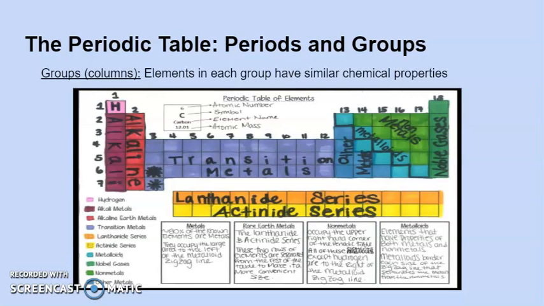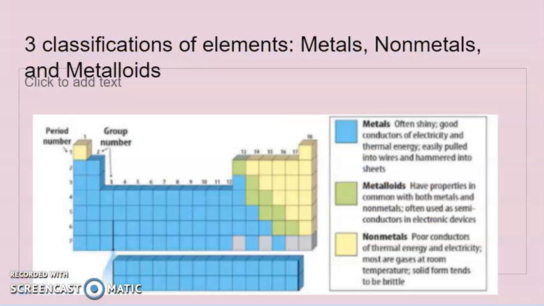Now, the three main classifications of elements that we are going to be learning are metals, metalloids, and nonmetals. I wrote the three classifications at the top in order of most to least. The majority are the metals, then the nonmetals, and lastly the metalloids. Metals, we know, are often shiny and are great conductors of electricity and thermal energy.